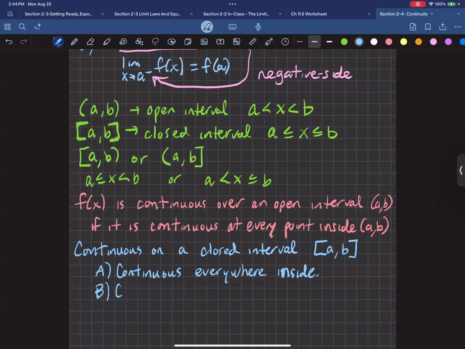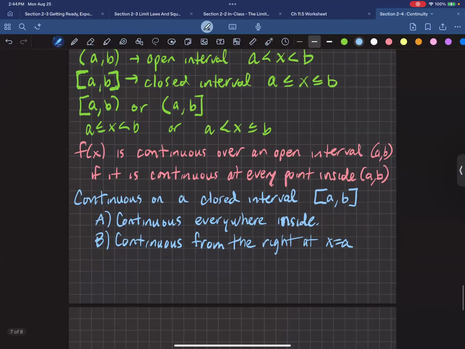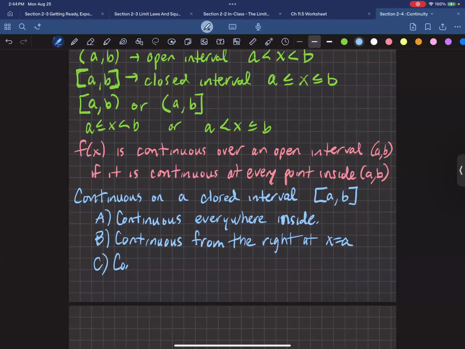It has to be continuous from the right at x equals a, and it needs to be continuous from the left at x equals b.